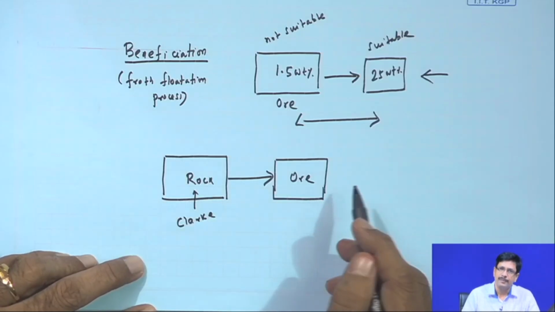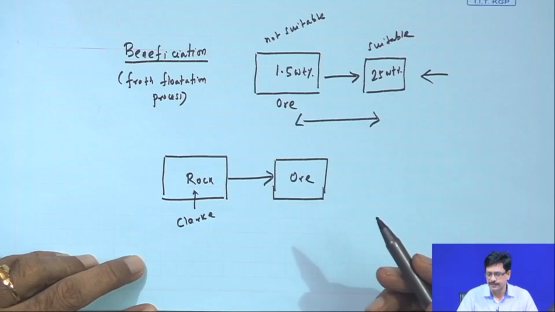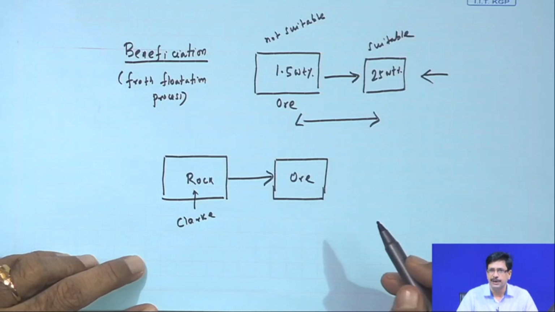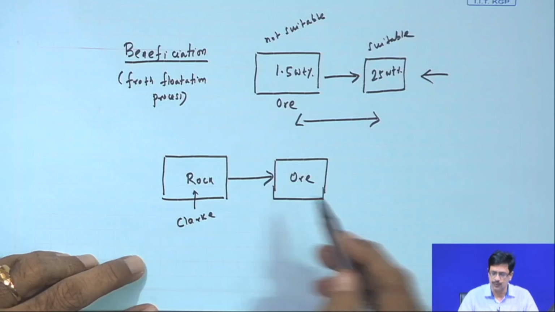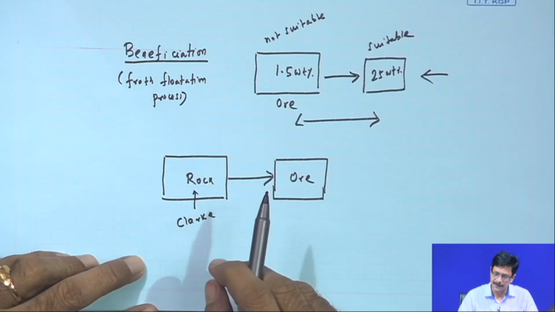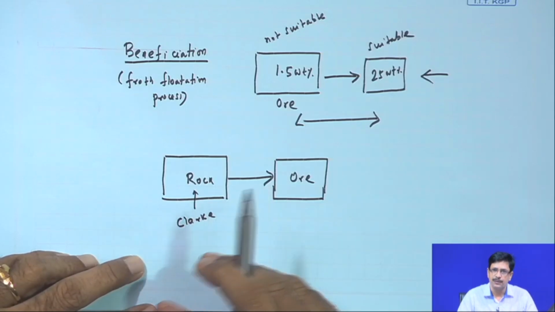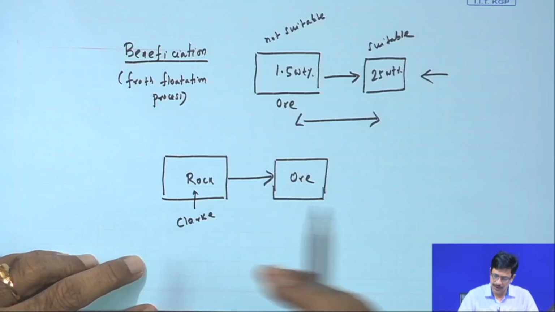So, talk of magmatism. Magmatism is efficient in certain circumstances to convert a rock to ore, that means through a melting process. Let us talk about weathering or erosion process, it is also capable.